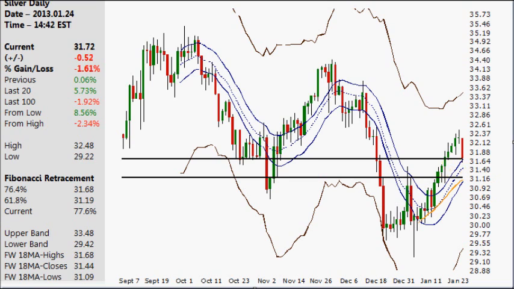What occurred is the 76.4, which is the same as a 23.6% retracement, was found today. Now 31.64 is the bottom that I've recorded, and that means it pretty much found support there during the day. You'll see on the 3-minute chart that it was a significant area, and it's now come back down to it.